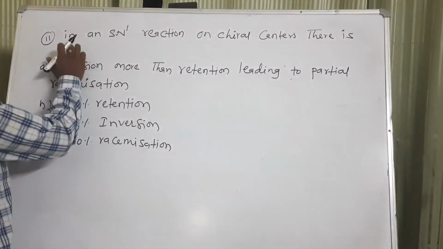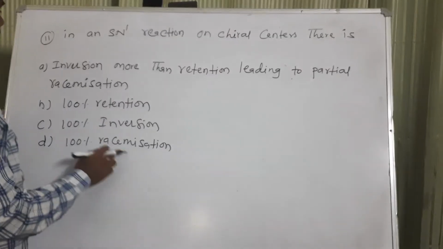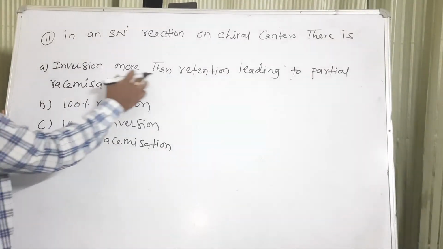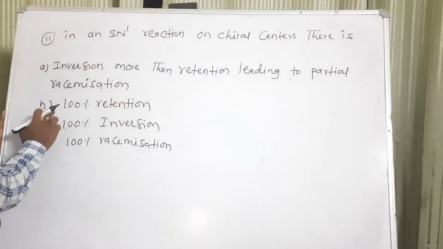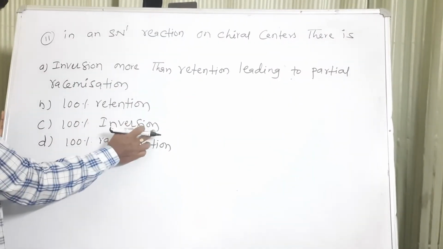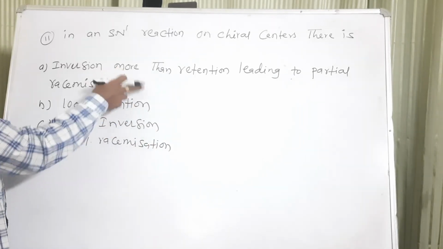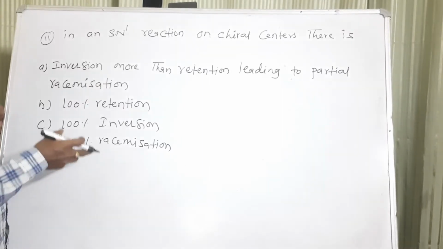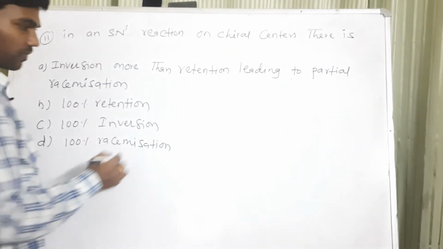Next question is like this: in an SN1 reaction on a chiral center, the options are: inversion more than retention leading to partial racemization; option B, 100% retention; option C, 100% inversion; option D, 100% racemization. To solve this question we need to understand the mechanism of SN1 reaction.